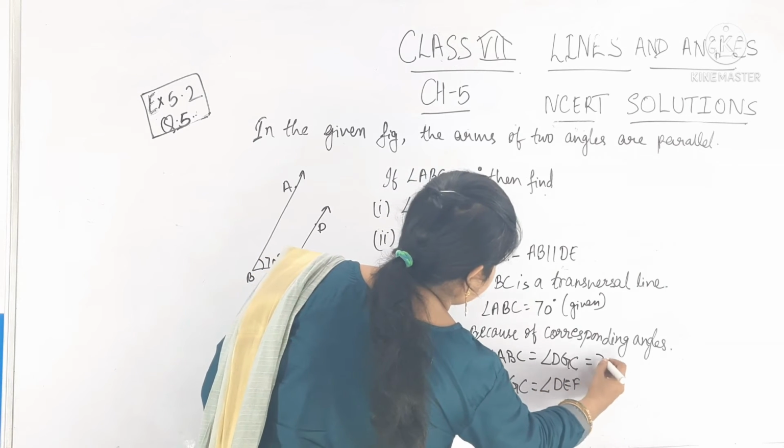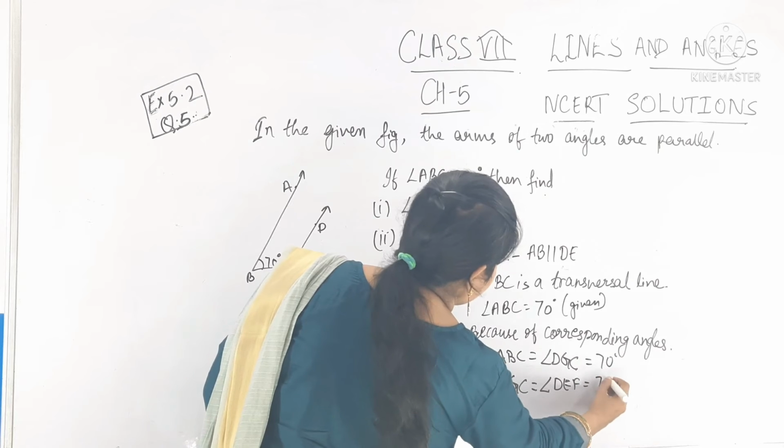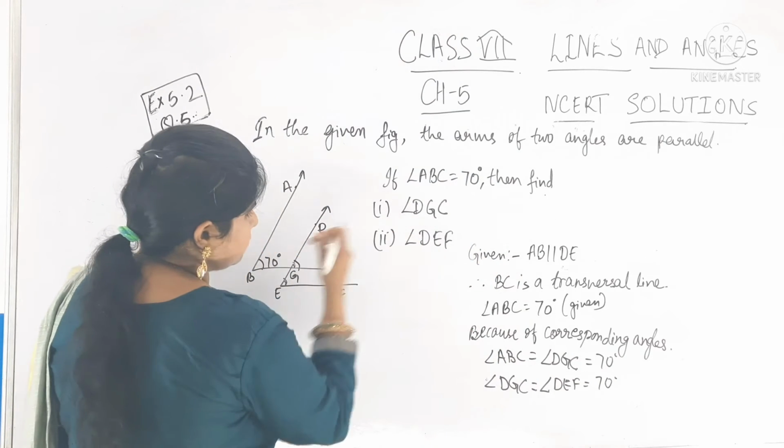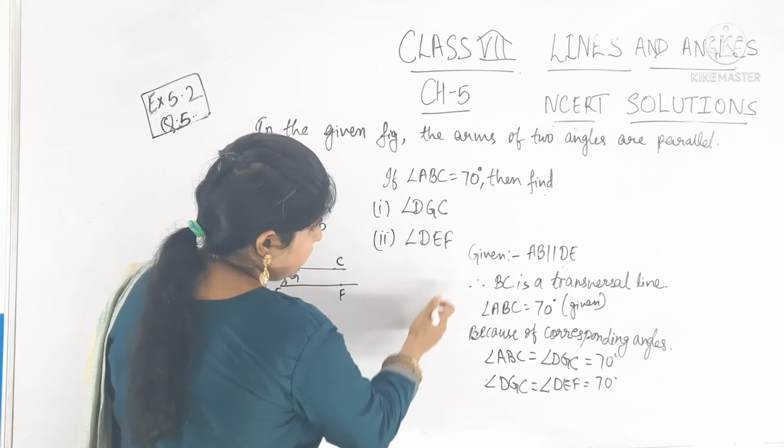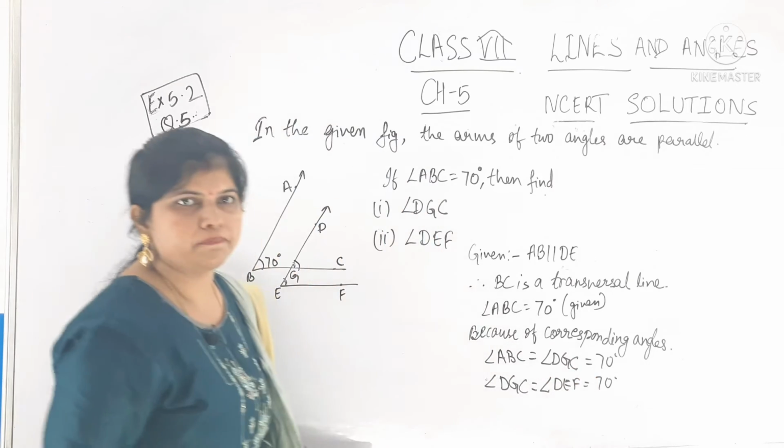So both are equal to 70 degrees. So the angles we had to find, angle DGC and angle DEF, are equal to 70 degrees.